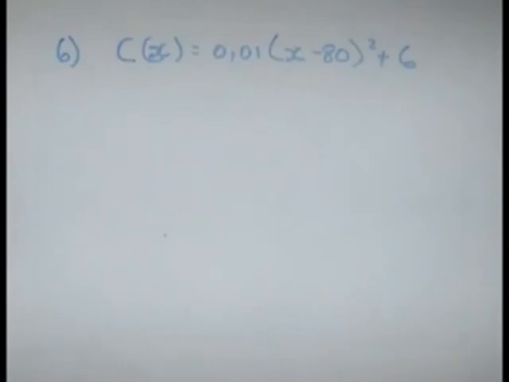Number 6 reads, if the fuel consumption of a car is given by C(x) is equal to 0.01 multiplied by (x minus 80) squared plus 6, where x is the speed we are doing in kilometers per hour, C(x) is the actual fuel consumption in liters per 100 kilometers.